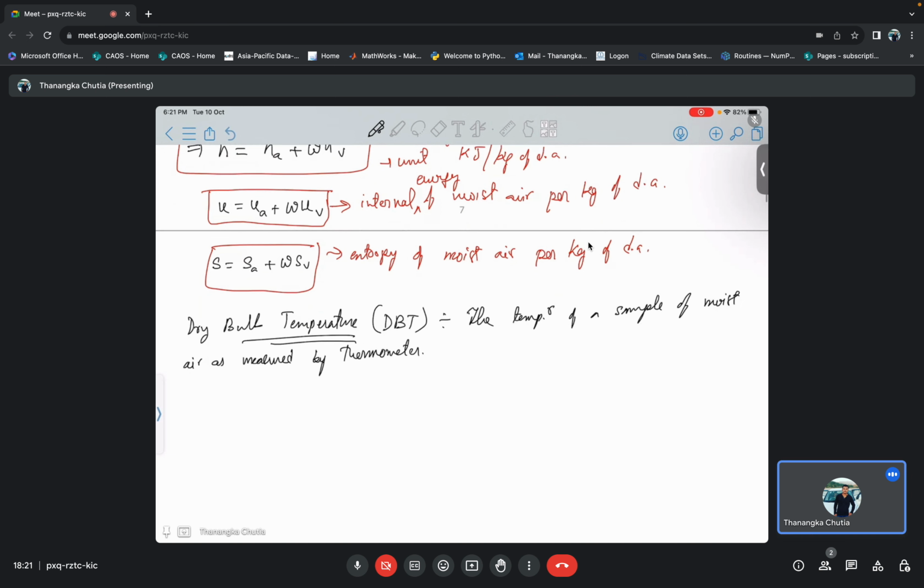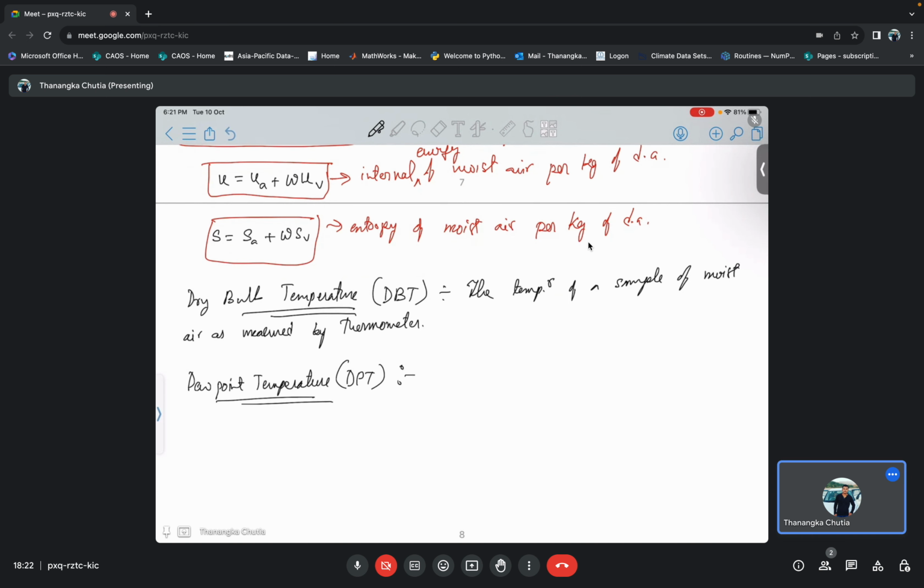Okay, next is dew point temperature, or in short DPT. So what is dew point temperature?